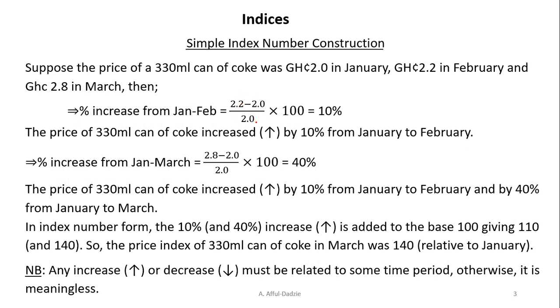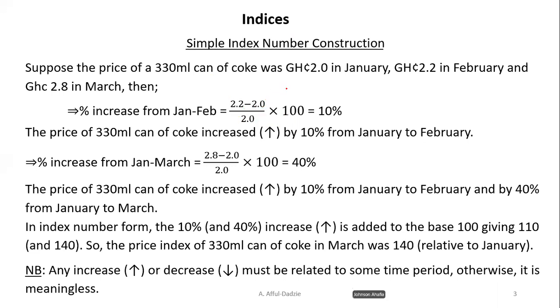This is what we call the base price or the base value, and this would be the current price. So the difference between the current price and the base price, divided by the base price, would give us the percentage change.